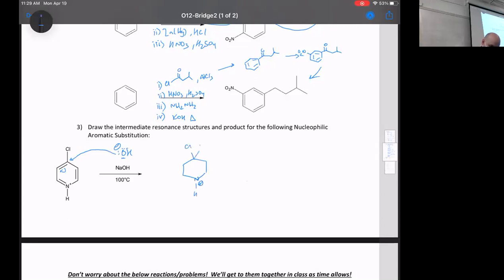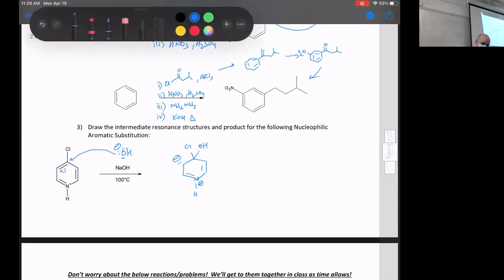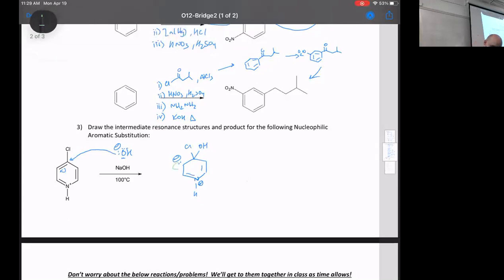We would have one where the Cl and the OH are attached at those spots, and we would have a negative charge here. And then through resonance, we would move it over. And here's the one that really matters.